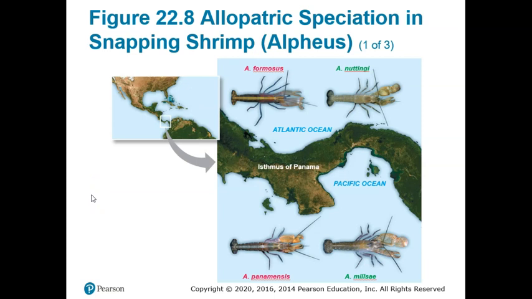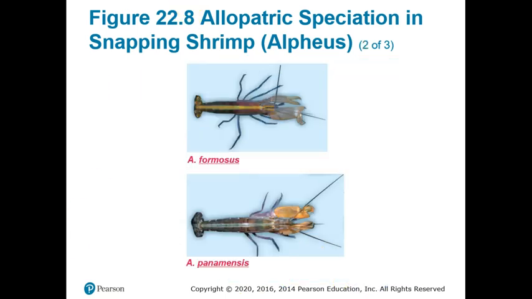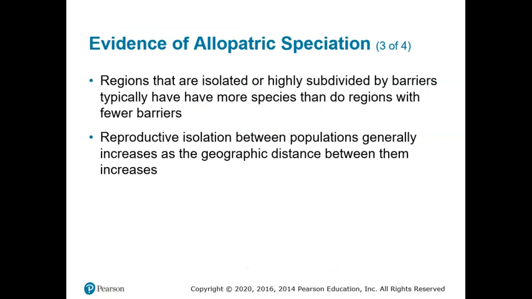So the color indicates the sister species. Notice that we have a different species, genus species, right? These are all different species when it comes to these shrimp.